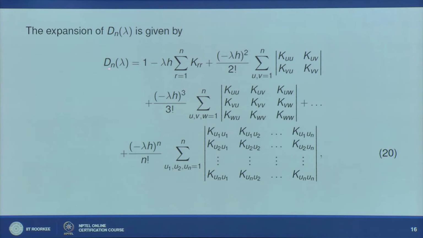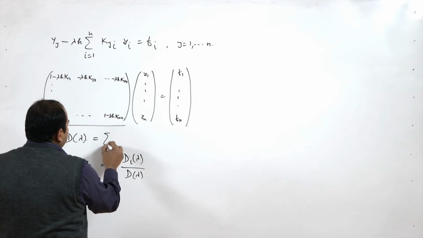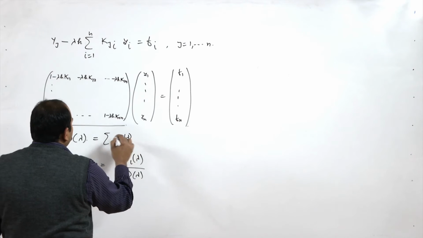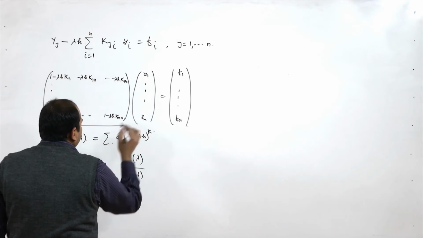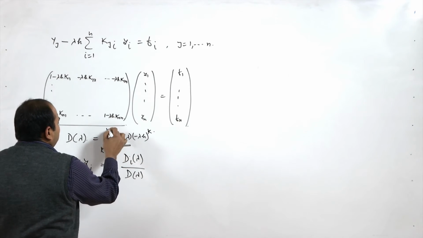So we want to write D_n(lambda) as the summation of a_k(lambda) times (minus lambda h) to the power k. So we need to find what this a_k(lambda) is, with k from 1 to n.